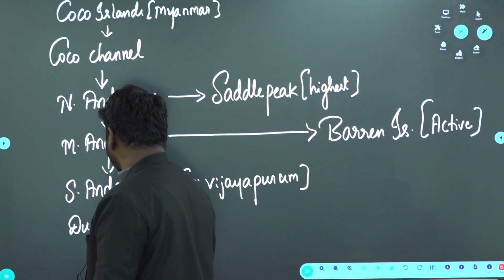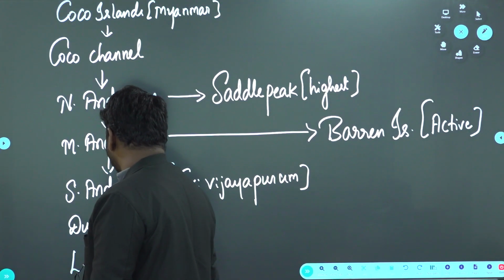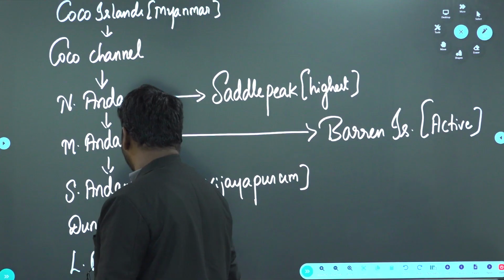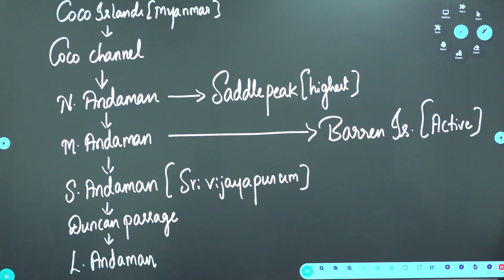Duncan Passage, then Little Andaman. Remember Duncan Passage. Duncan Passage separates South Andaman and Little Andaman. Order is important, guys.